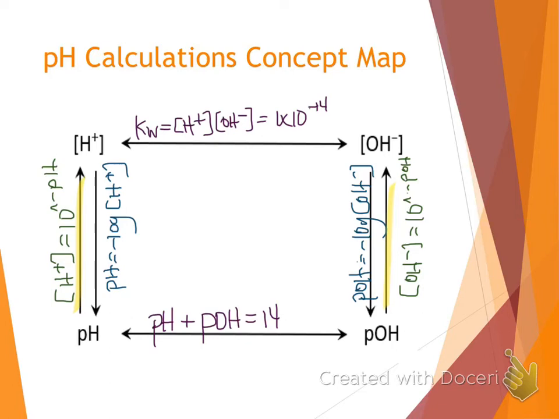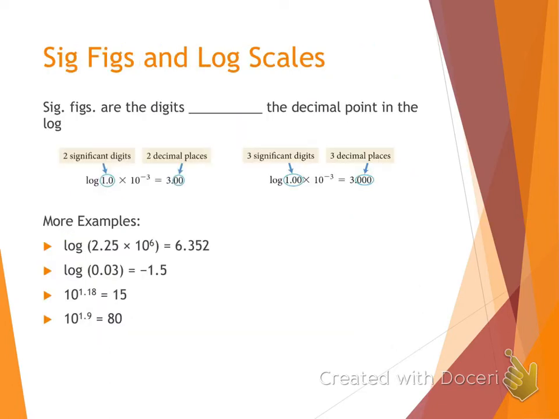One last thing before we get into some practice here, let's talk about our sig figs when it comes to our log scales. Sig figs in any log number is just the digits after the decimal spot. So if we take the log of 1.0 times 10 to the negative third, which just has our 2 sig figs, in the log number, our 2 sig figs are falling after the decimal spot.